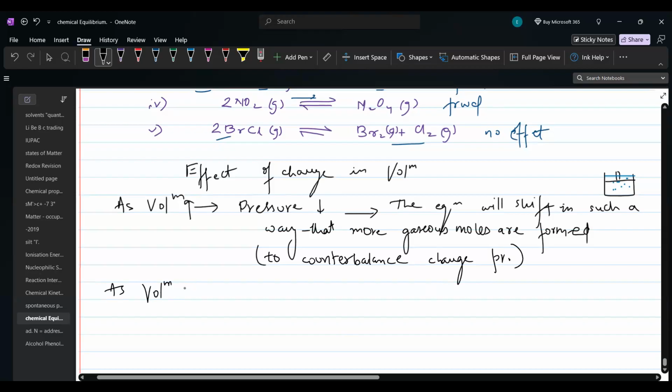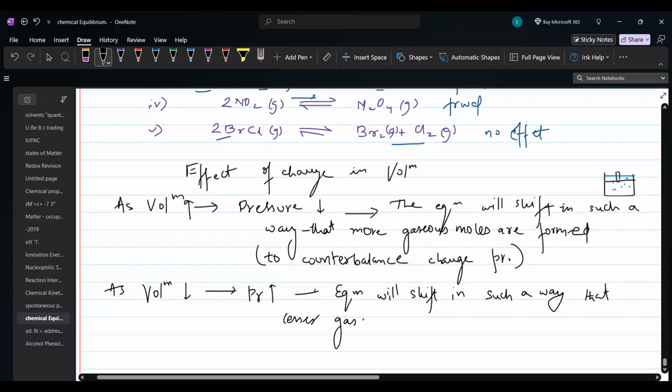Let's see the other case, when volume is decreased. When volume is decreased, the pressure will increase. When pressure increases, equilibrium will shift in such a way that lesser gaseous moles are formed.